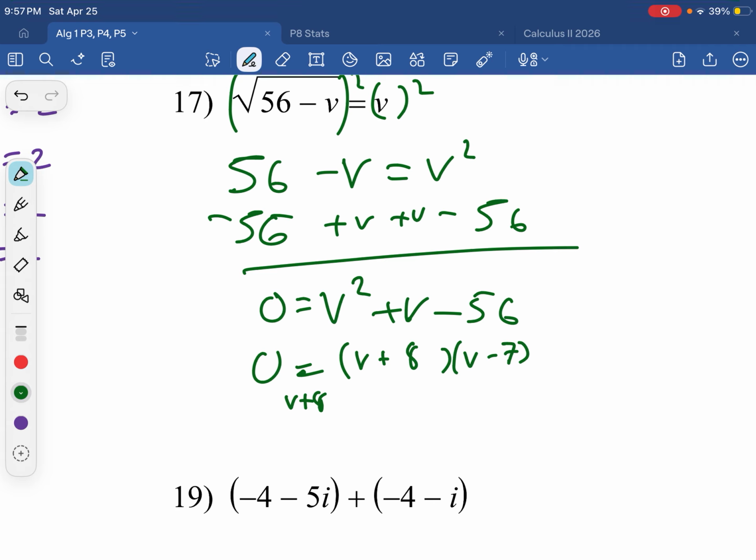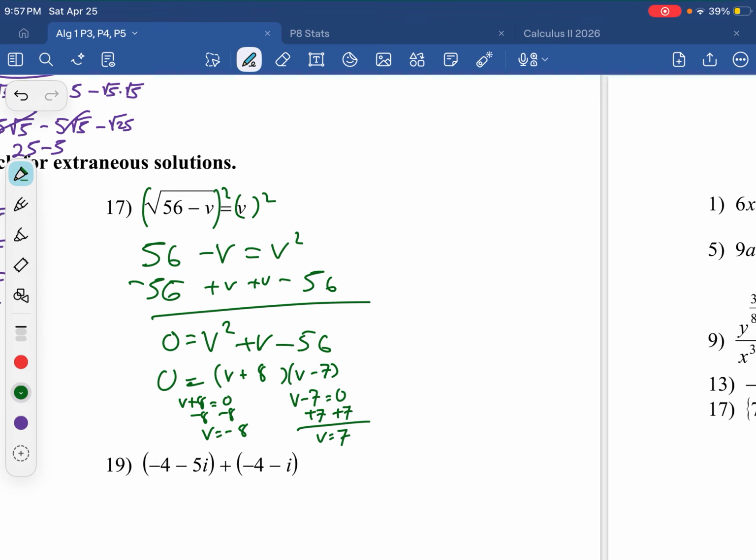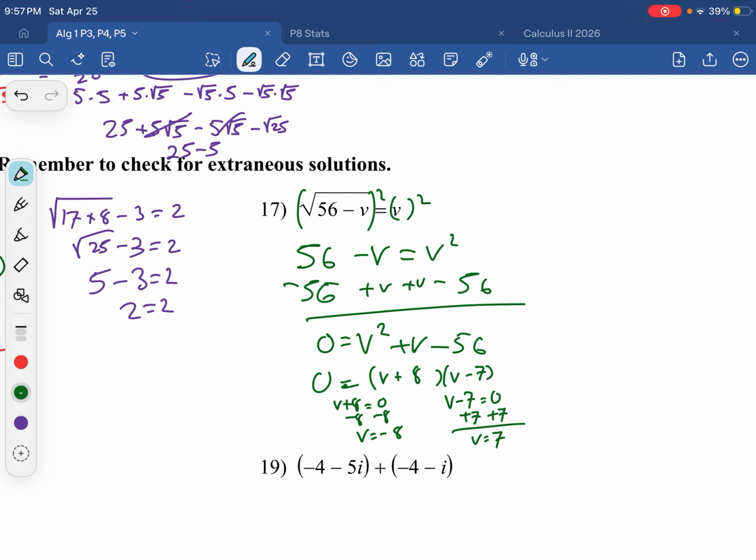I set each of these factors equal to 0. So I get v equals negative 8 and v equals 7. They want us to go through and then substitute these values into the original equation. So if I had v equals negative 8, this would look like the square root of 56 minus negative 8 equals negative 8.